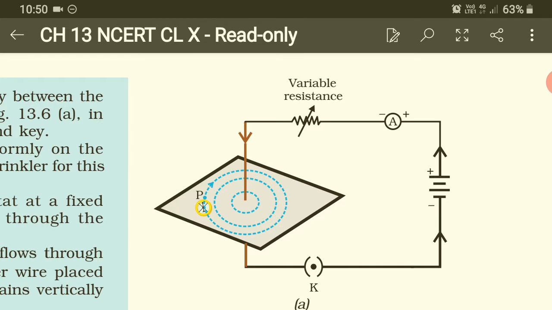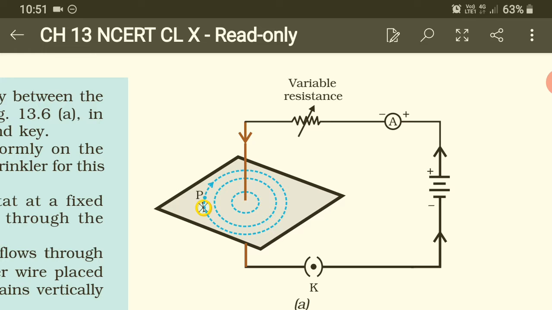Now, certain factors we would like to study here. Suppose I want to increase the current through this wire. How can I do this? Yes, I can use a variable resistor. I have connected it here, as we have learned in the electricity chapter that a variable resistor can help us increase or decrease the amount of current flowing through the conductor without changing the battery terminals.